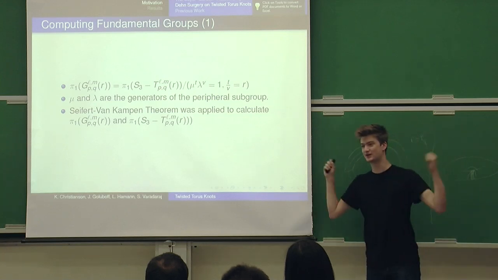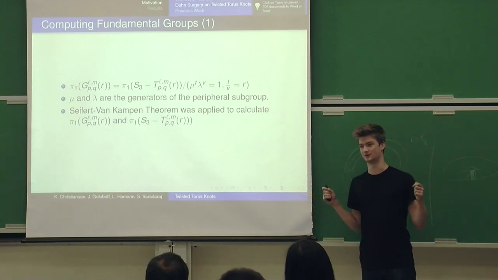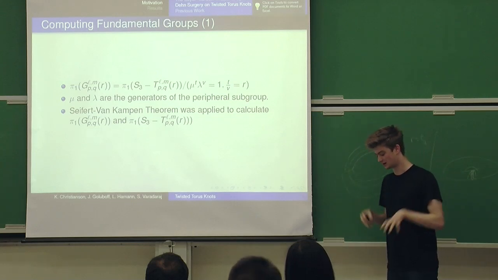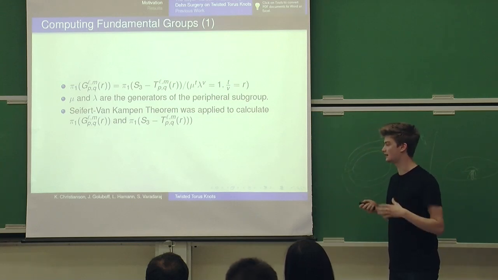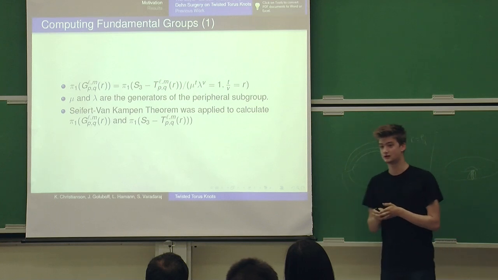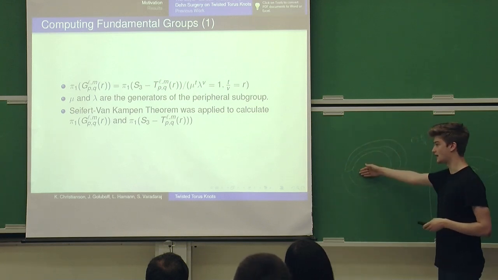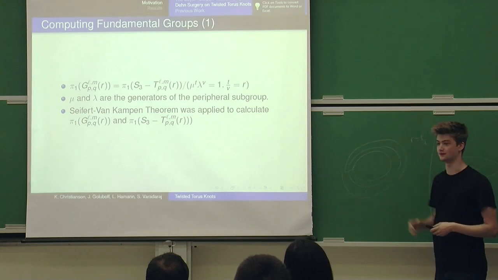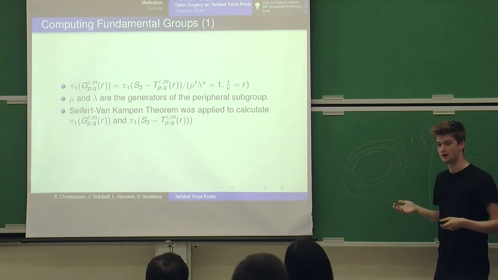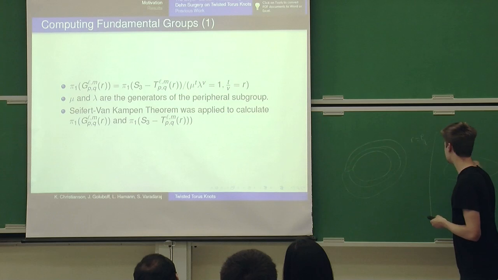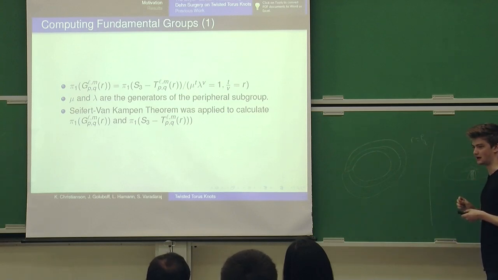So before we can do that, we have to first compute these fundamental groups, right? If you apply Seifert-van Kampen to the process of Dehn surgery, you'll get that it's basically just the knot group, which is, if you have your knot, you take its complement inside S3 and take the fundamental group from there, modded out by this relationship you obtain from Dehn surgery.